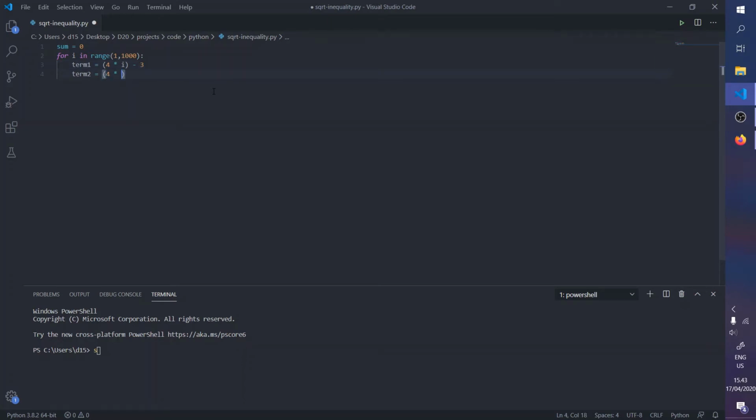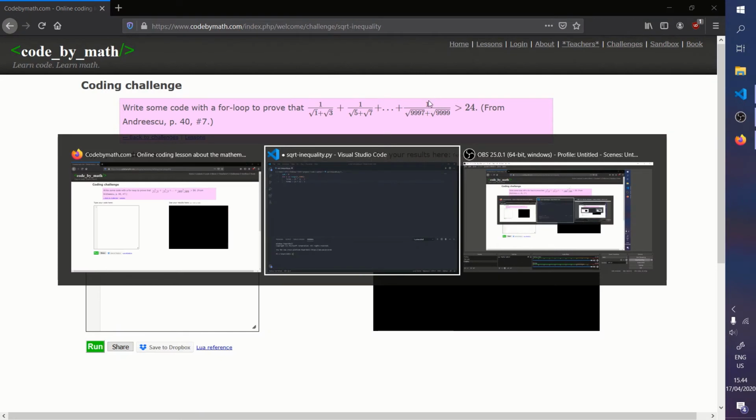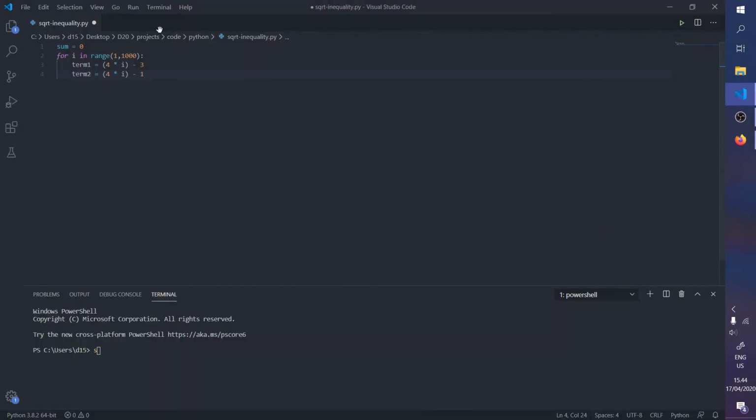And you're going to have 4i minus 1, and it checks out because this will be 4 times 1 which is 4, and then you'll have 1, and then you'll have 3, and then if you multiply it by 2, you'll have 8 minus 3 is 5, and then you'll have 8 again, minus 1 is 7, so you can see it checks out for the first 2, and then if you repeat it up to 9,999, you can see that as well.